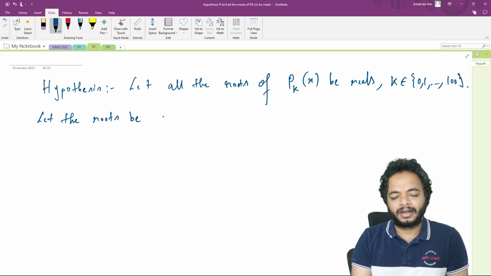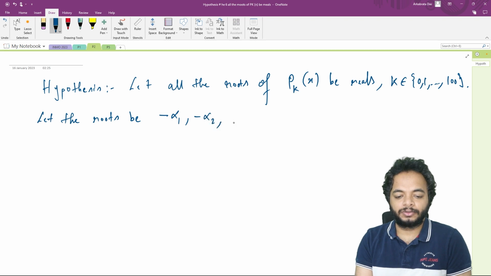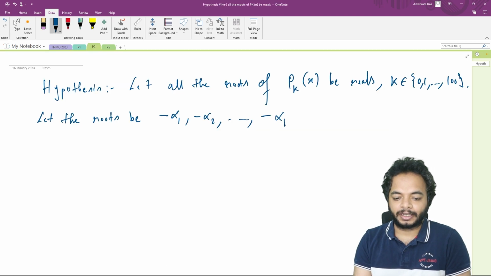Since they all have to be negative, let the roots be negative alpha 1, negative alpha 2, and so on. It is of degree 100, right? So there will be 100 roots, up to negative alpha 100, where all these alpha i's are strictly greater than 0, for all i going from 1 to 100.